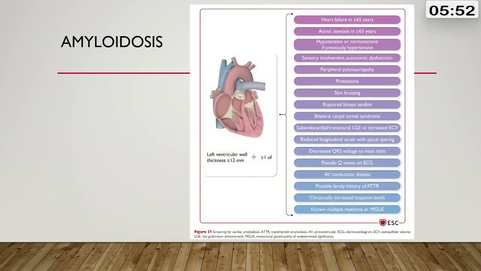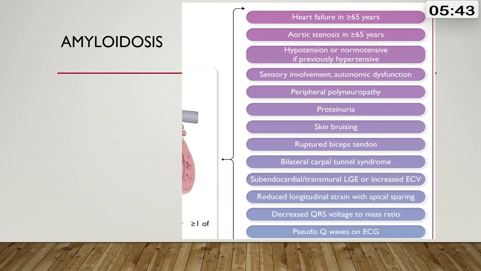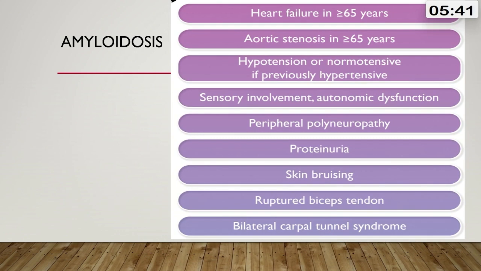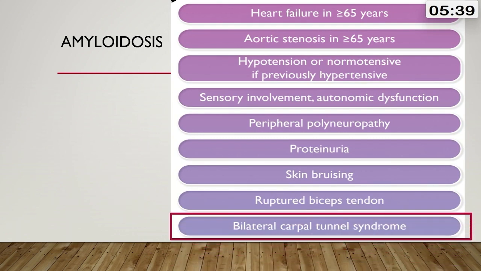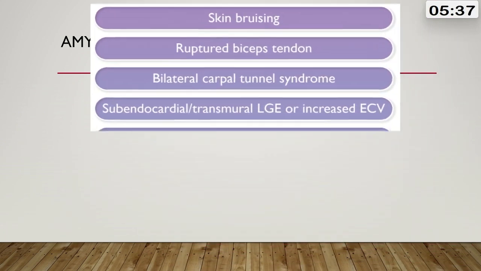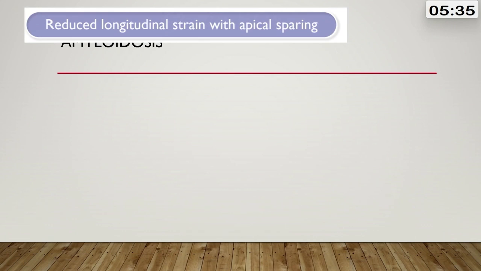What about amyloidosis? You will have a thickened LV wall plus one of those pieces of the puzzle. Go to history: if the patient has bilateral carpal tunnel syndrome, then do echo and CMR. You can measure the strain by speckle tracking echo.